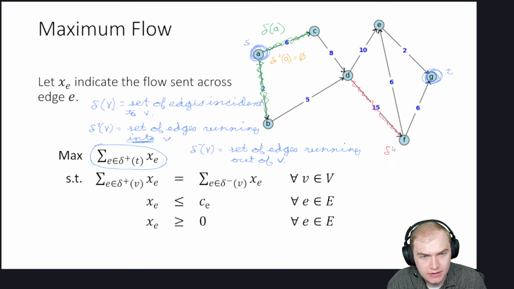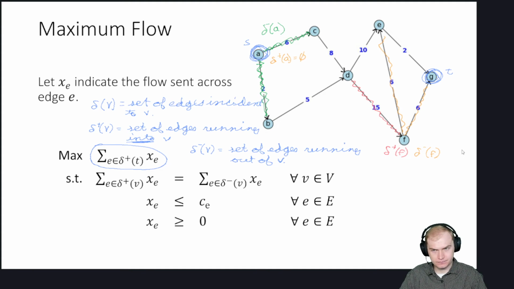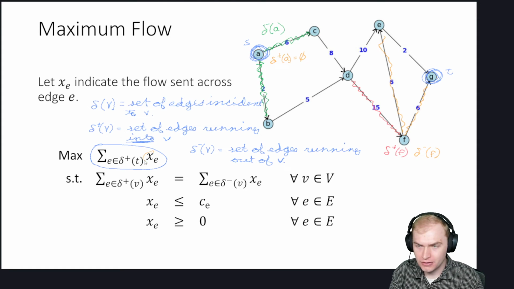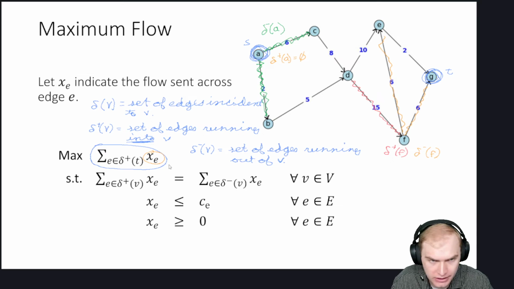This edge is delta plus F, and these two edges are delta minus F. So what we want to do is sum the amount of flow heading into the terminal T. So for every edge running into T, or in our case G, we want to maximize the flow over those edges. That's our objective.